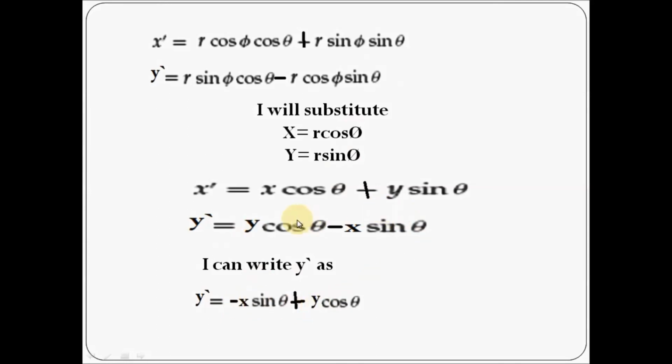In the previous anti-clockwise case also I interchanged them, and here also I am interchanging, just to make the calculation simple. Even if I interchange, the value won't change. Minus x sin theta remains the same, plus y cos theta remains the same. That's why I can write it like this: minus x sin theta plus y cos theta.